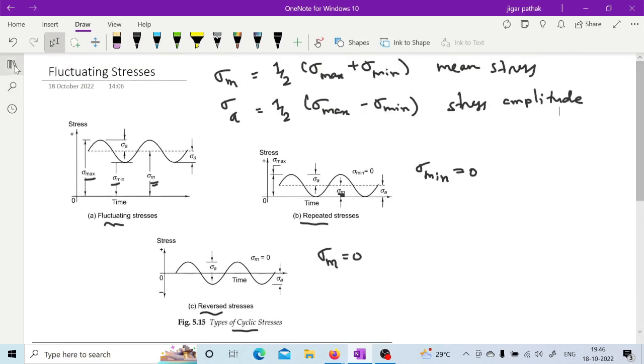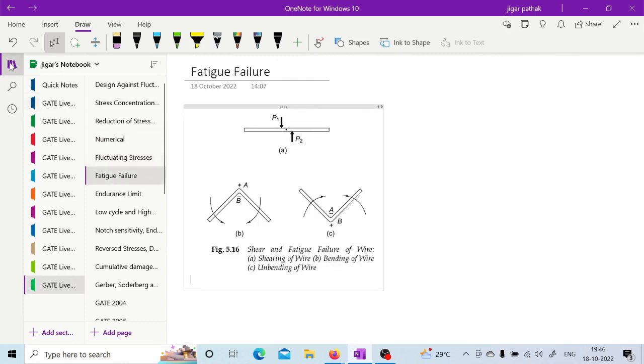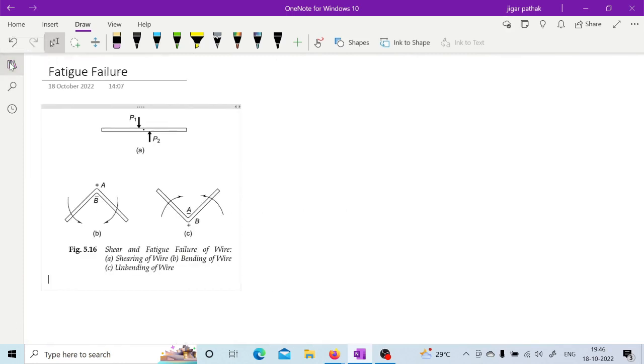Once you have an idea about this kind of fluctuating stresses, then we can go to the next concept, that is fatigue failure. See, fatigue failure is because of repetitive load, right? As we have seen in the previous case, whenever any component undergoes cyclic stress, that component will undergo failure below the yield point, right?